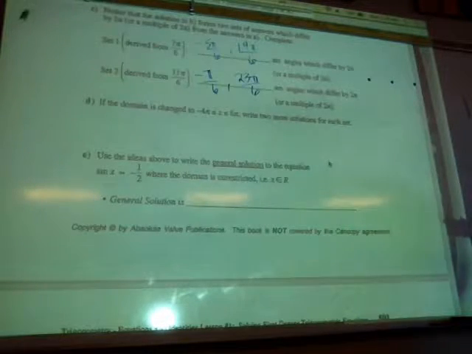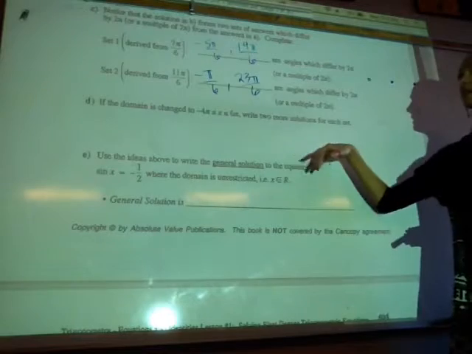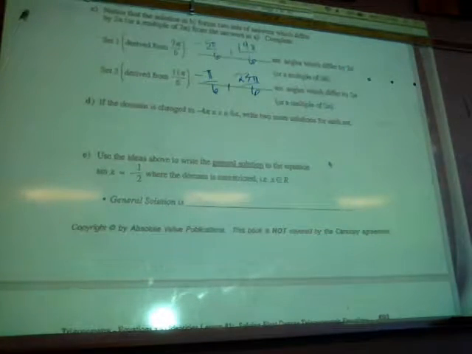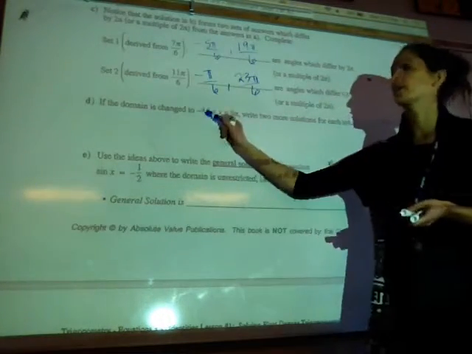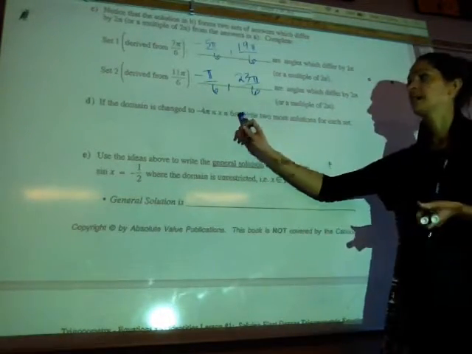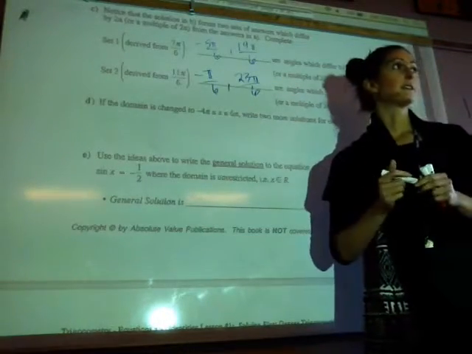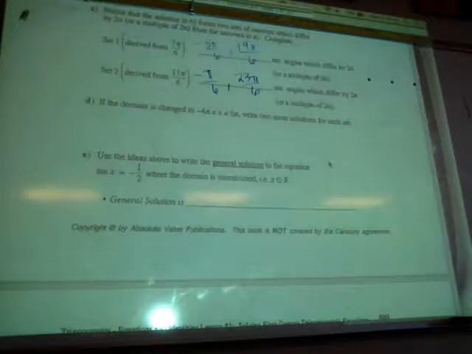So if we needed to find solutions going from negative 4 pi to 6 pi, okay, originally our domain, what was it just above, is going to negative 2 pi. So how would you get to a domain that would be between negative 4 pi and positive 6 pi? What could you do with your solutions? Okay, you could add 360 or 2 pi, or you could subtract 2 pi.